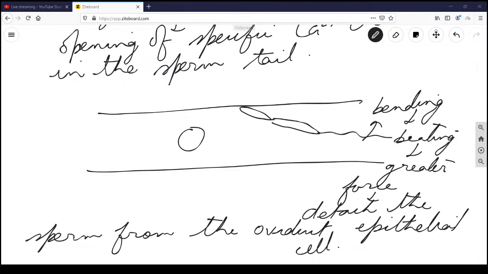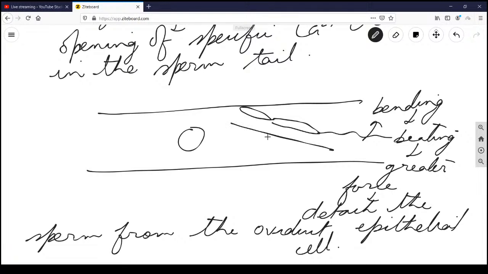Again, a very interrelated concept. If you are non-capacitated, then you will move in a straight direction and stay attached. But if you have reached the capacitated state, the sperm will be able to rotate along their long axis.